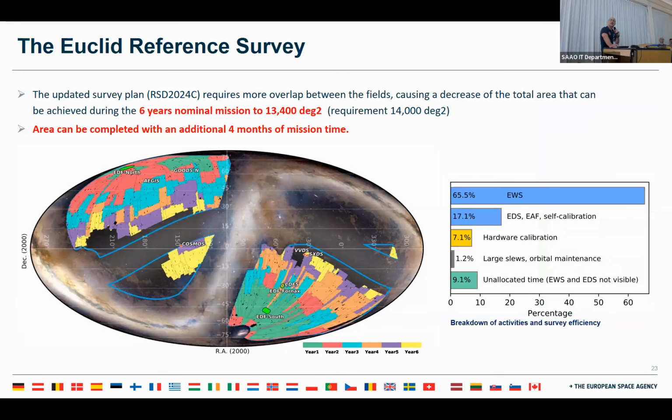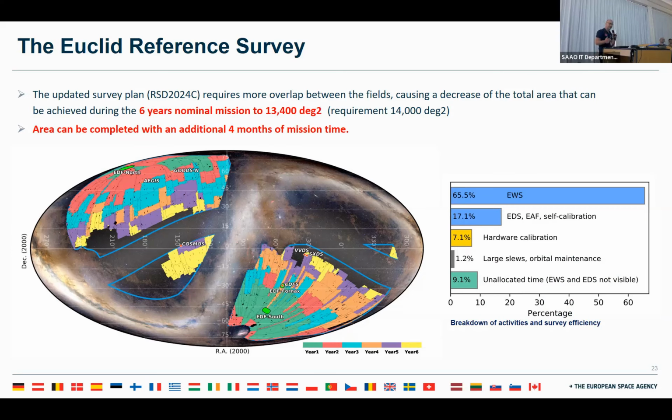This is how the Euclid survey looks like. So it's a little bit under the required 14,000 square degrees, because as I told you, because of the parasitic straylight problem, we have to rotate the spacecraft a little bit more. So the roll angle has to be between -3 and -8 degrees instead of between ±4.